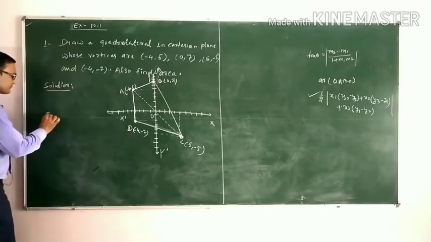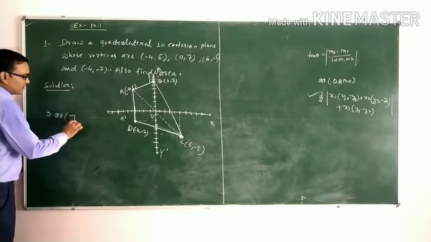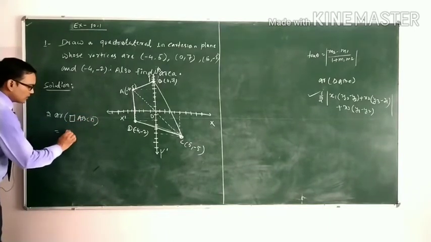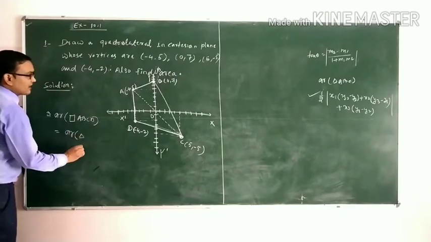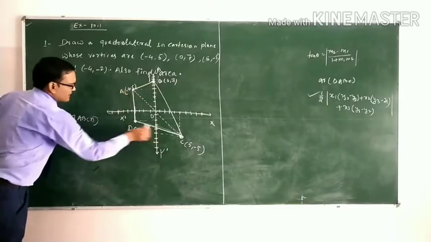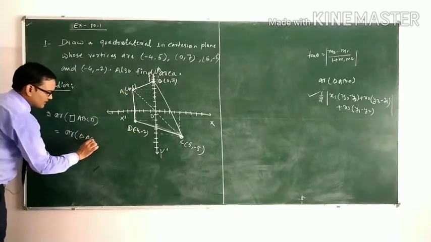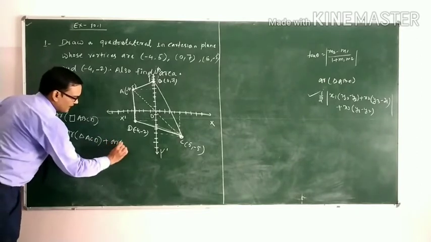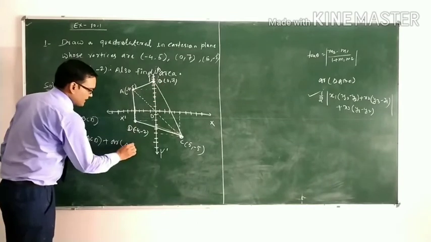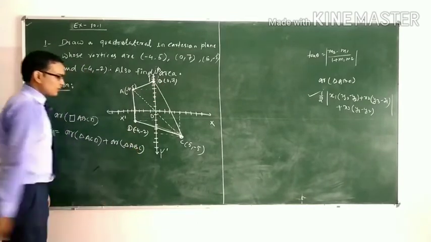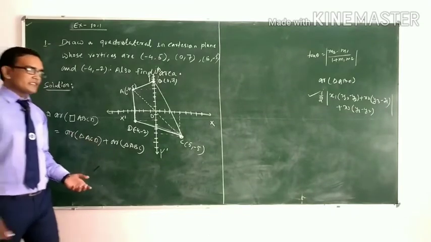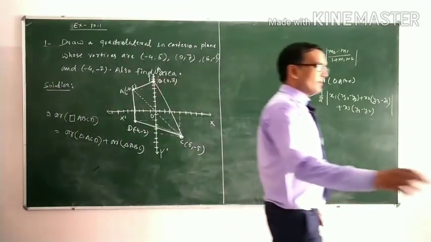That means area of quadrilateral ABCD is equal to area of triangle ACD plus area of triangle ABC.